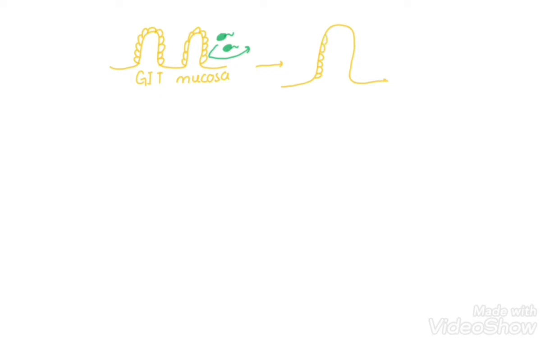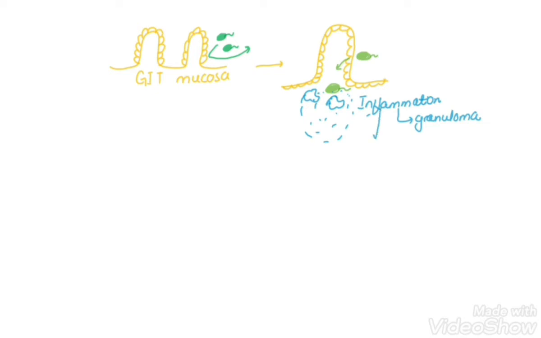But if somehow in a genetically predisposed patient, these microbes get their way across the mucosa into the deeper layers of the GIT tract and are able to arouse the inflammation described before, in such people, these microbes cause an uncontrolled inflammatory process which not only forms large granulomas that have immune cells surrounding these pathogens, but it also causes the killing of the body's own cells of the GIT tract.